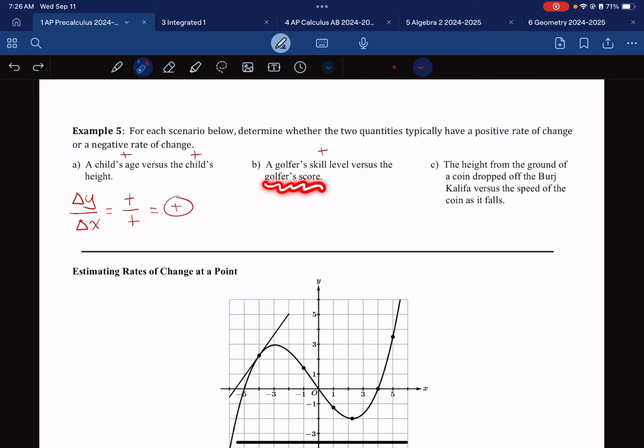In terms of a golfer's score, you want to get the ball in the hole with as few hits as possible. Each hit counts against your score. You want a low score. So if you're getting better, then in theory, your score should be going down, which means this is a negative value. We have a positive divided by a negative, which is a negative. Or maybe it's a negative divided by a positive. It doesn't matter.